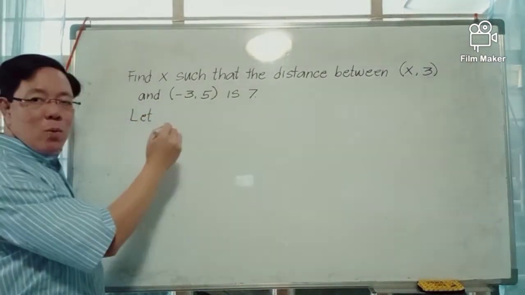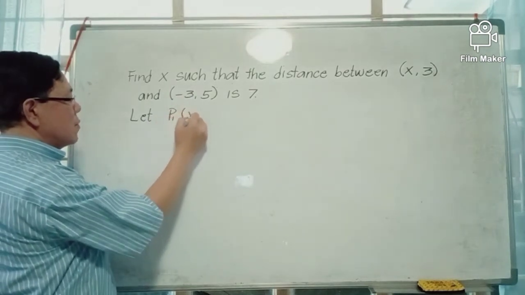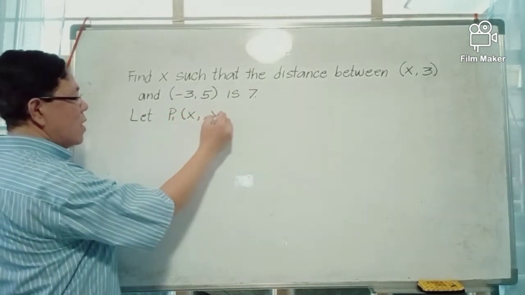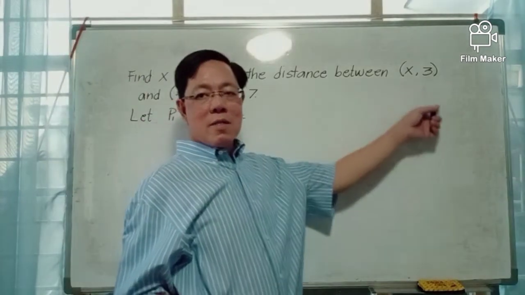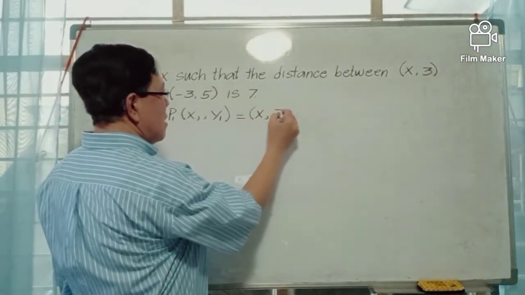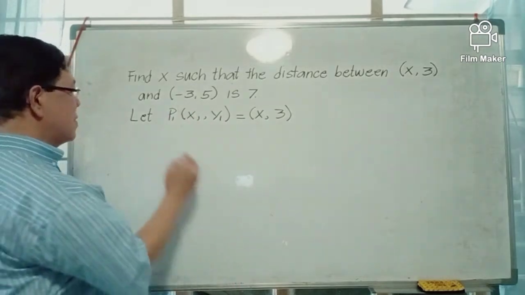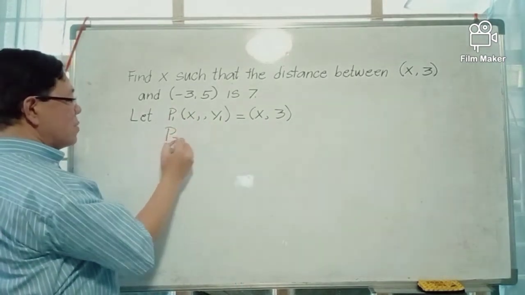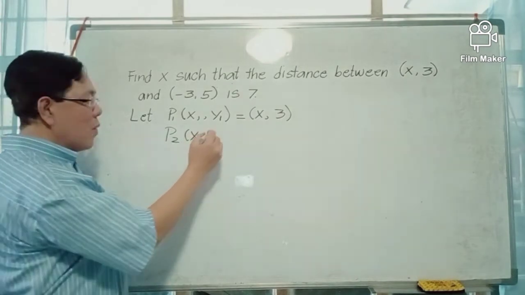We let P1 with coordinates x1, y1 be the first point, x, 3. And the second point with coordinates negative 3, 5 be the second point, P2 with coordinates x2, y2.